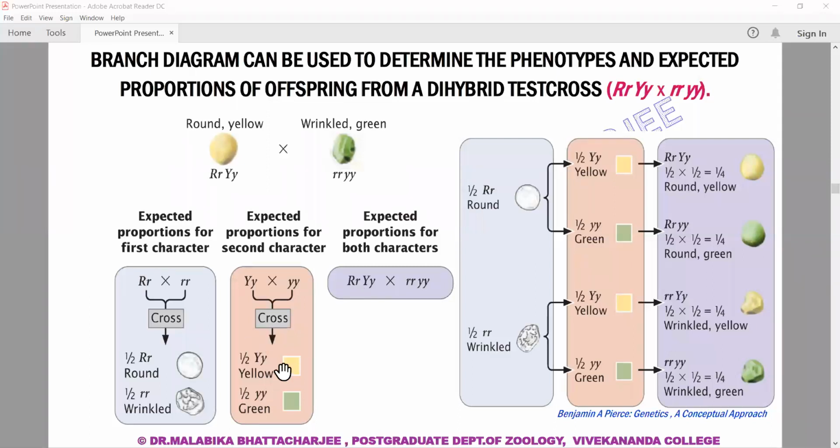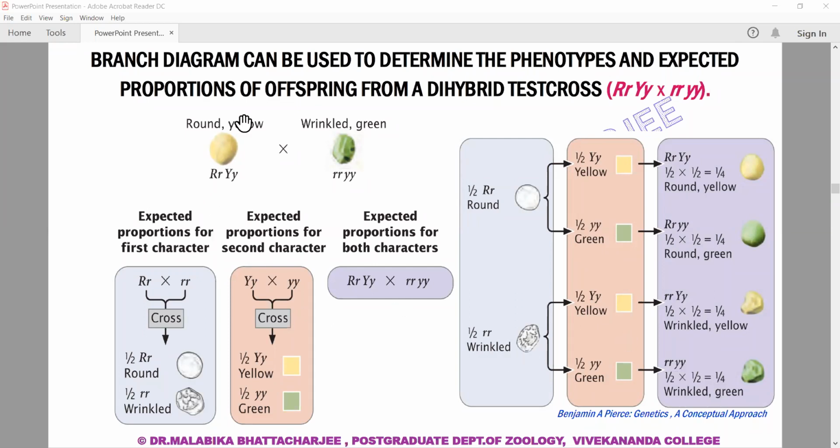Fine. Half yellow into half round, yellow round 1/4; half yellow into half wrinkled, yellow wrinkled 1/4; half green into half round, green round 1/4; half green into half wrinkled, green wrinkled 1/4.